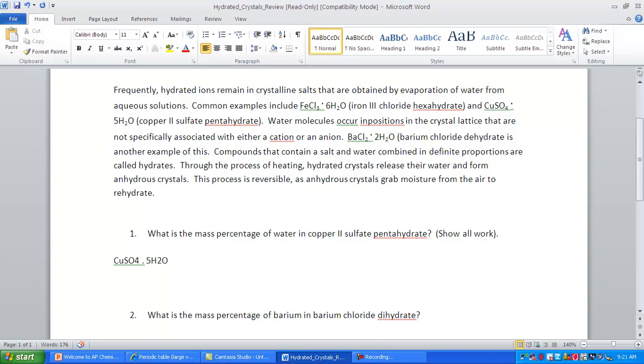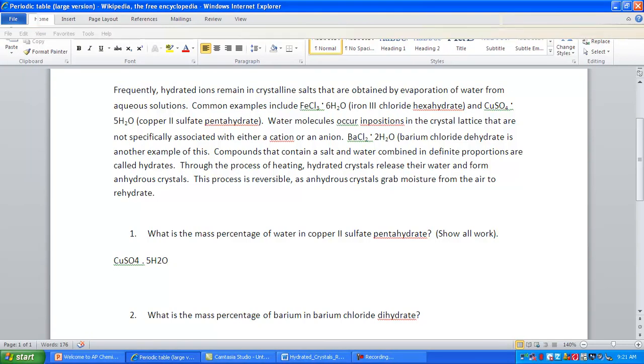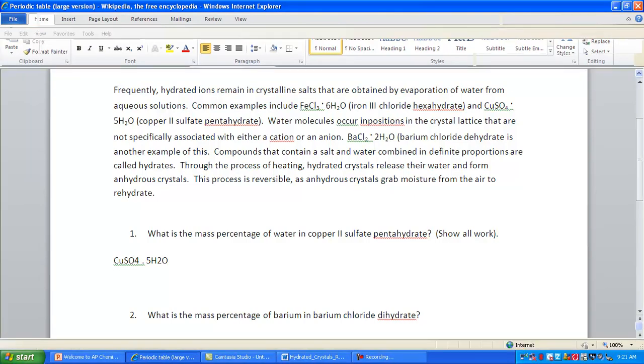Let's go into the periodic table, and what we'll end up seeing are the weights of the elements that we'll need to add.